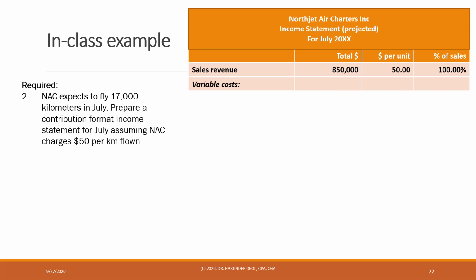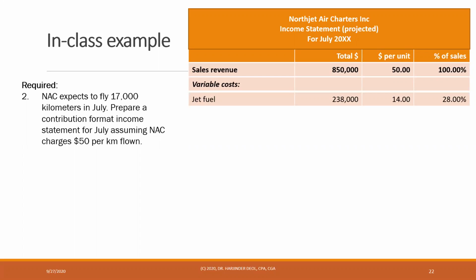So the first variable cost that we know of is the jet fuel, which is going to cost us $14 per kilometer flown. So those $14 divided by $50 per unit gives us 28% of our cost is tied into jet fuel. Everything is in relation to your percent of sales or your sales amount. So your total dollar value for jet fuel is $14 multiplied with 17,000 kilometers flown.